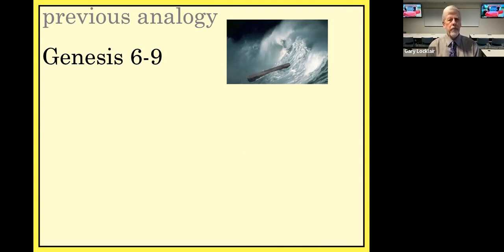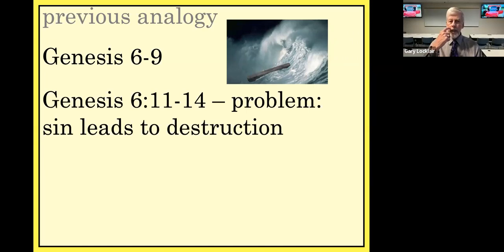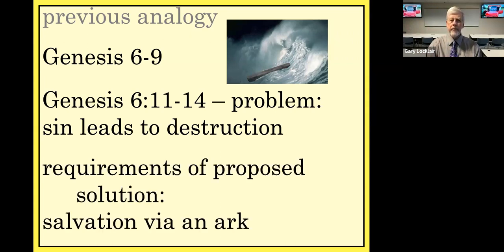Why is there a problem? The sinful nature of human beings. Right. What is required? Well, some kind of rescuing mechanism. In this case, an ark. So again, we read 11 through 14. We got the problem. We got the requirements.